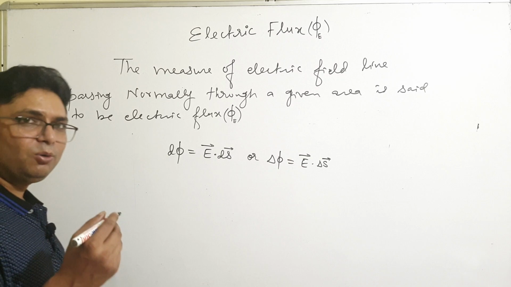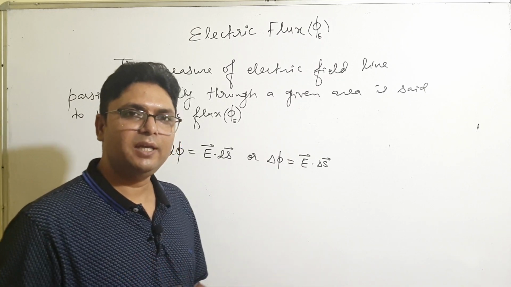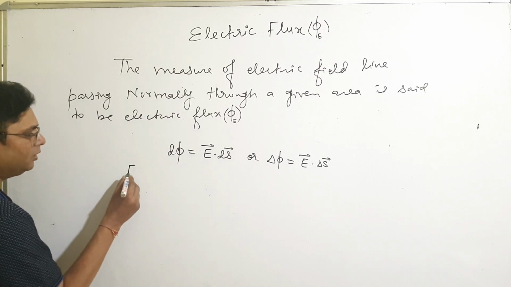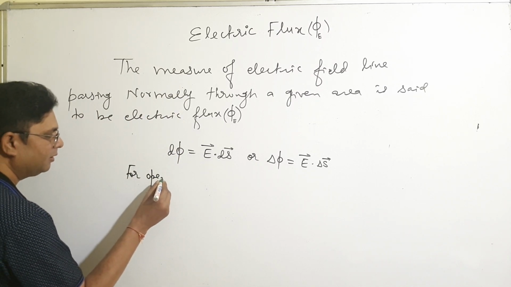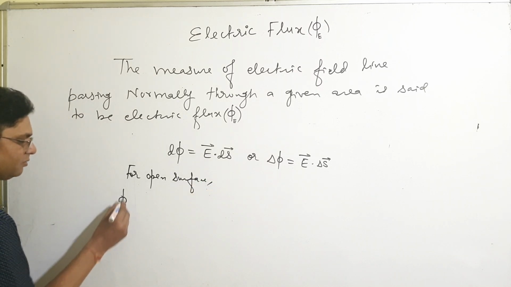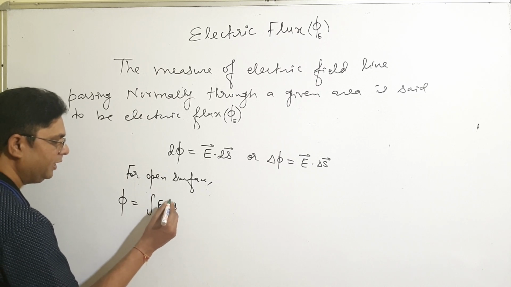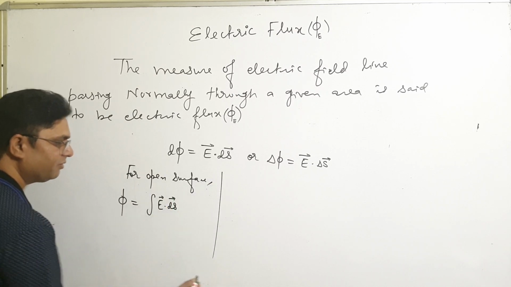Now there are two types of surface, one is open surface, one is closed surface. For open surface, you have electric flux phi is equals to integration E dot ds. This is for open surface.